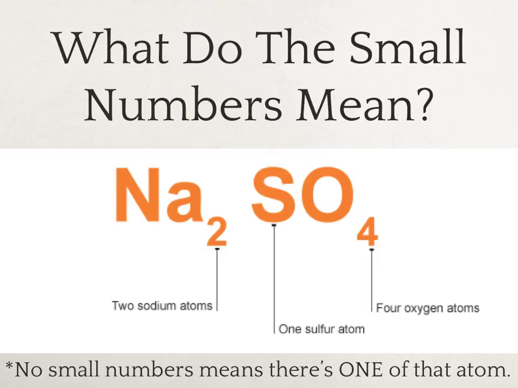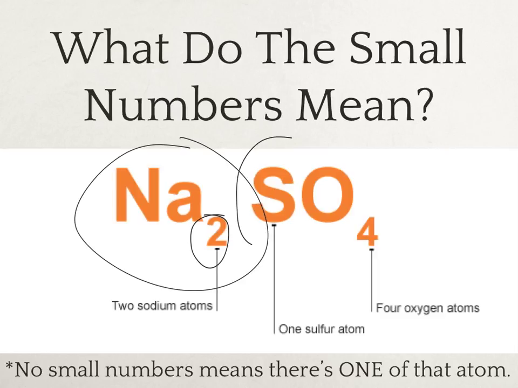When a chemical formula is written, sometimes there are these little numbers that you see written next to the element symbols. All those mean is that you do have more than one of that atom in the compound. So for example, in this compound, Na2SO4, there are two sodium atoms that combine, one sulfur, and four oxygens.